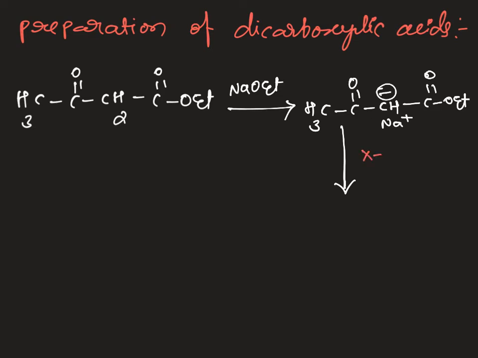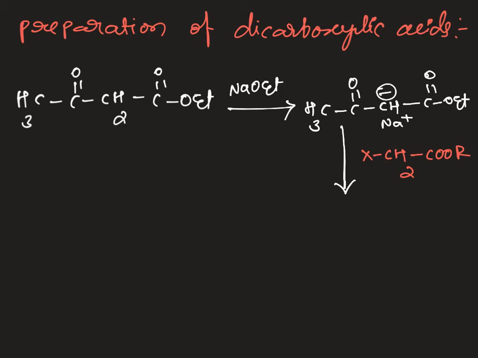Let's take XCH2COOR, an alpha halo substituted ester. I can use any substituted ester. It is not only alpha halo, you can use beta halo or gamma halo, depending upon which dicarboxylic acid you are looking at. Here I am using alpha halo esters.